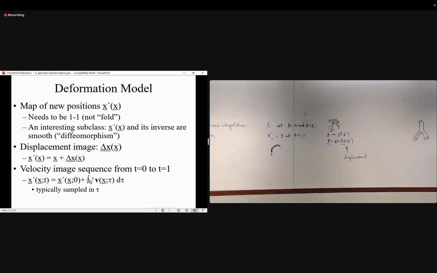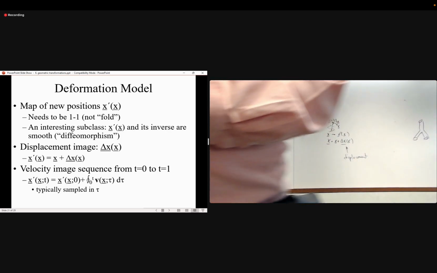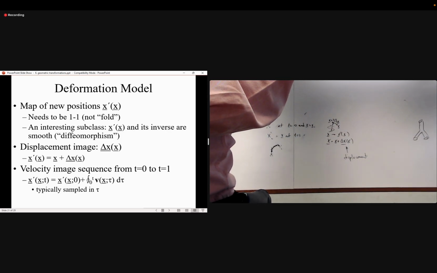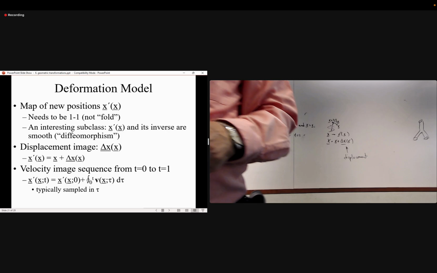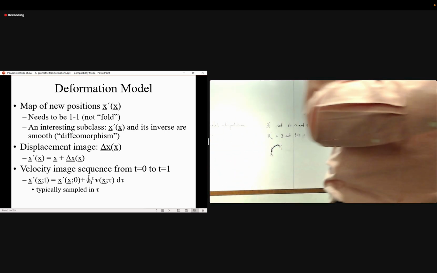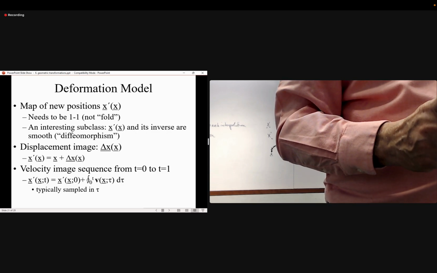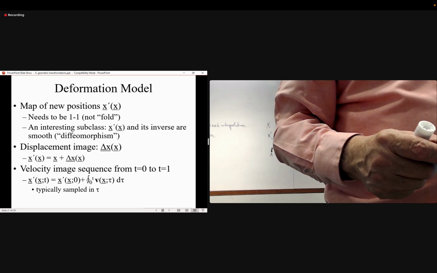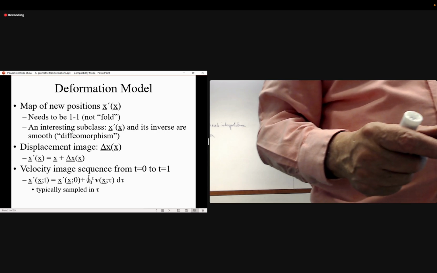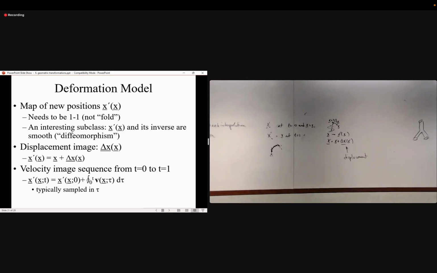So what we want then is not simply n values, but n times m, where m is the number of velocity samples between time 0 and time 1. Notice this isn't real time. This is interpolation time. This is not the time, for example, that the heart is beating or something like that. This is this fake mathematical time.